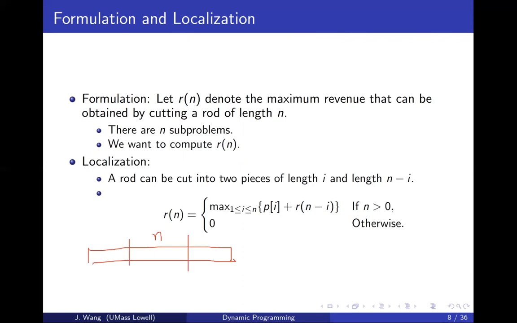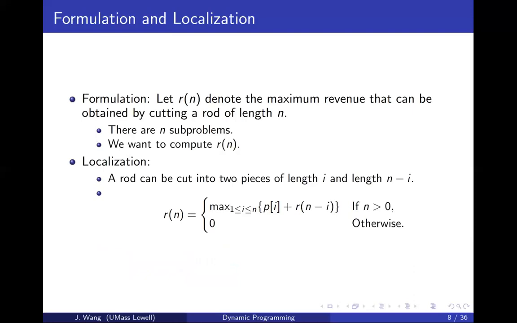Let's call this cut I. If there's a cut at this part, then I have a rod of length I to sell, and the remaining one is n minus I. That means I can sell this portion of length I, which is P of I.